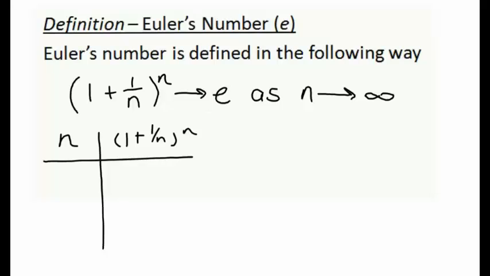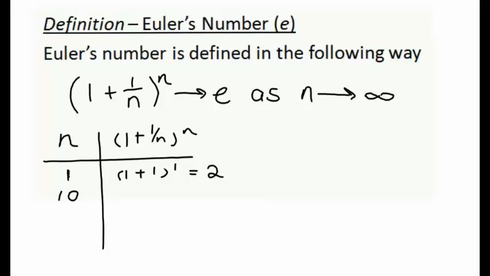To give you a rough idea of what the value of e is, let's try to substitute some numbers into this formula. Let's begin with n equal to 1. If we substitute n equals 1, we're going to get (1 + 1)^1, and this is equal to 2. Next, we might try n equals 10.